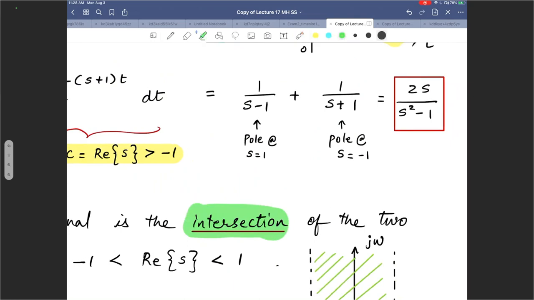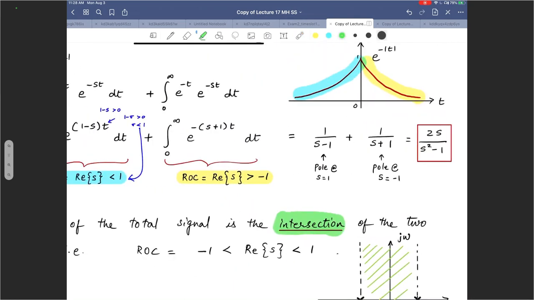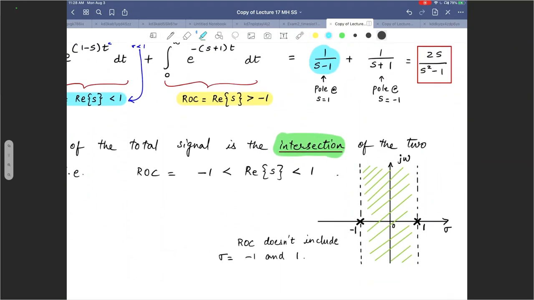I believe the left one was blue. So let's use blue. There's a pole at 1, right? And the region of convergence is to the left of that. So it's this way.